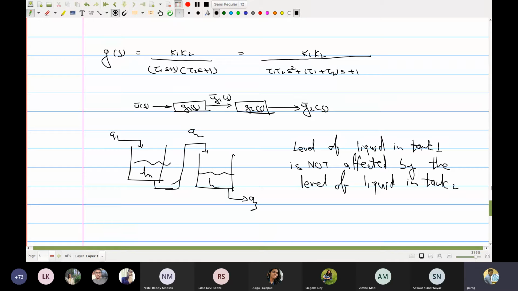Doesn't matter how much amount of liquid is there in tank 2, H1 is not going to be affected. So we call these non-interacting systems. They have their individual dynamics. There is a dynamics of the first tank, there is a dynamics of the second tank, there is an overall dynamics, but the individual components which compose the system do not affect each other.